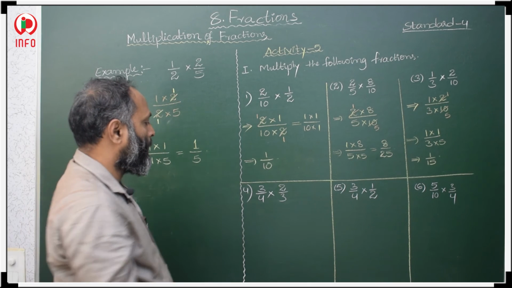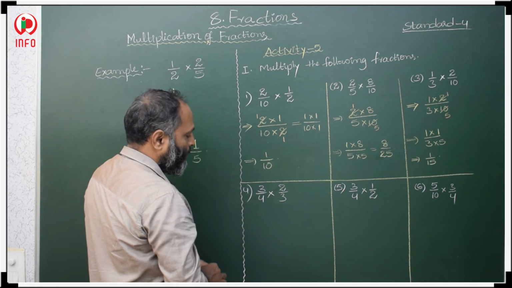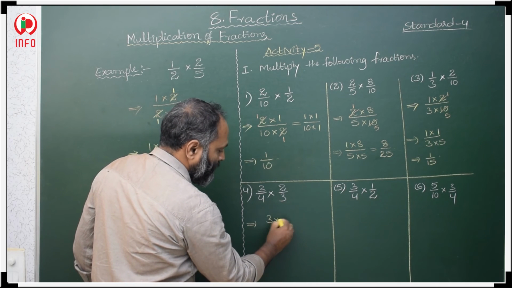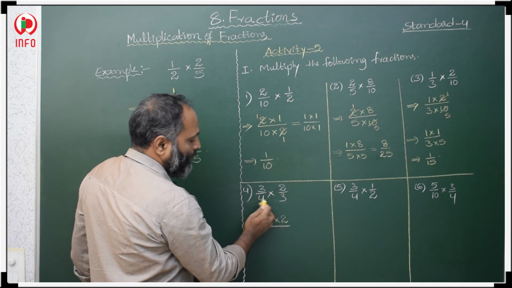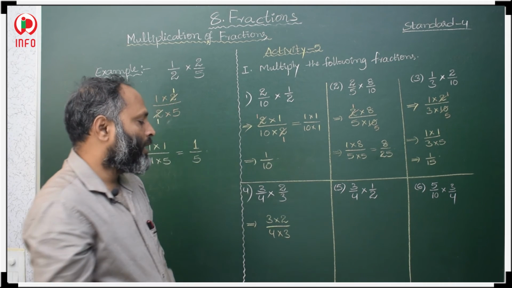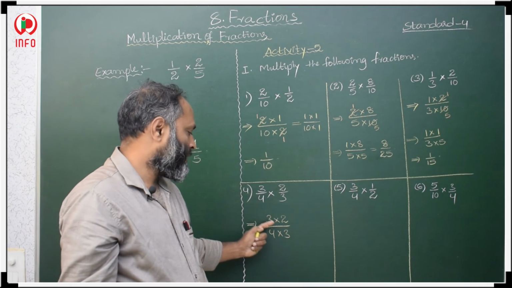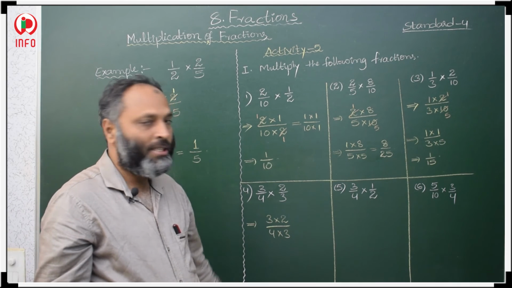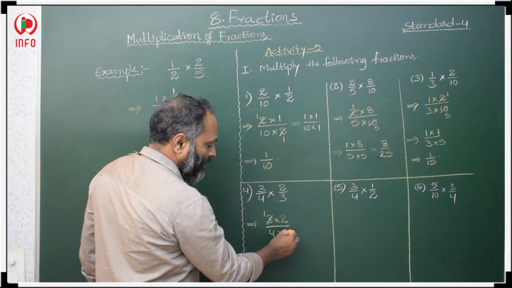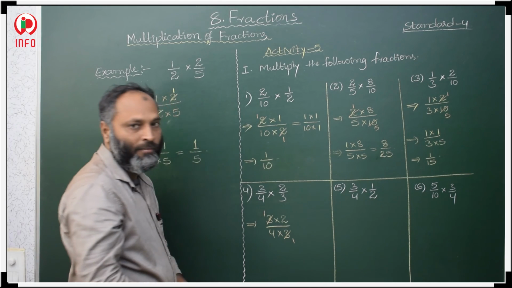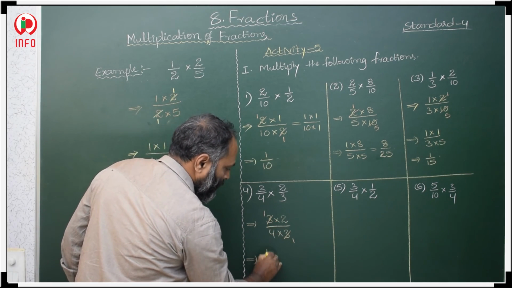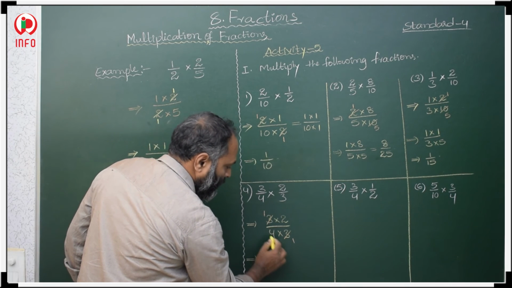Now here how to multiply? Numerator with numerator again, 3 into 2 by 4 into 3. In the numerator and the denominator we have to check, here 3 and here 3, it means these two are divisible by 3. 3 ones are 3, 3 ones are 3. Now we multiply numerators, 1 into 2, by 4 into 1.